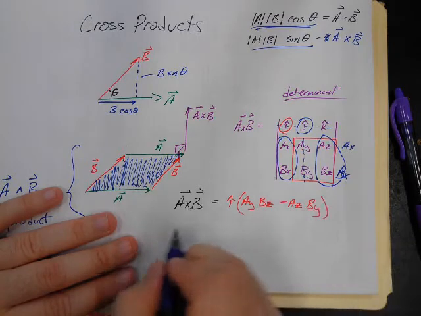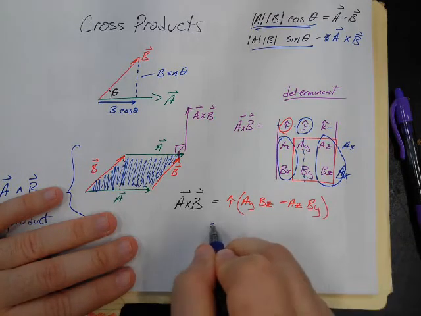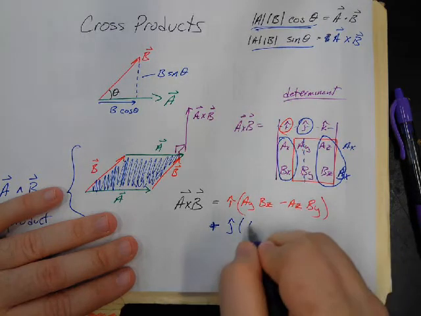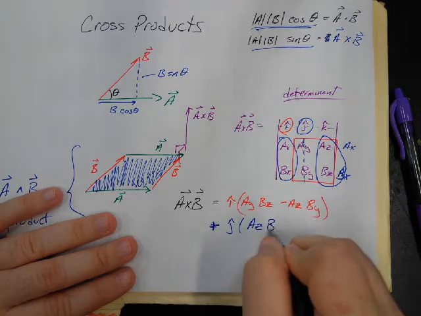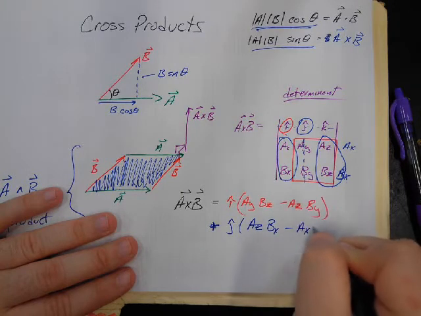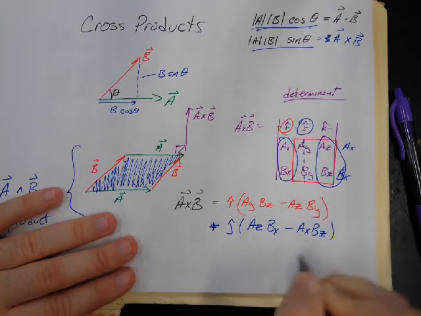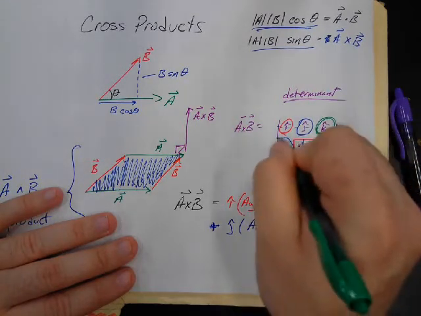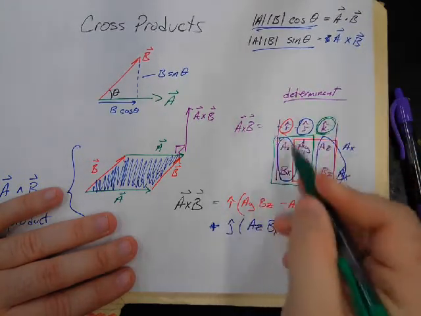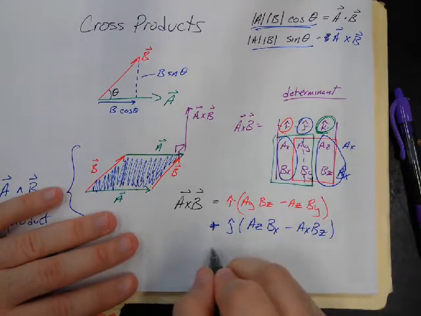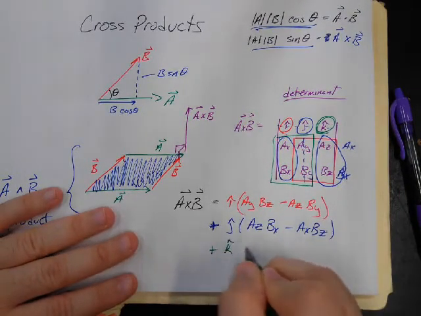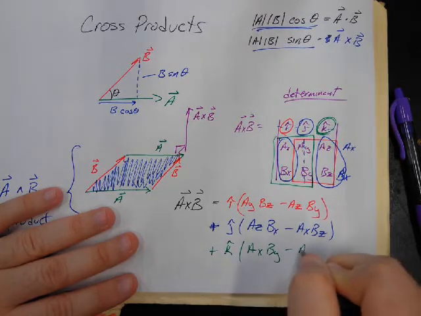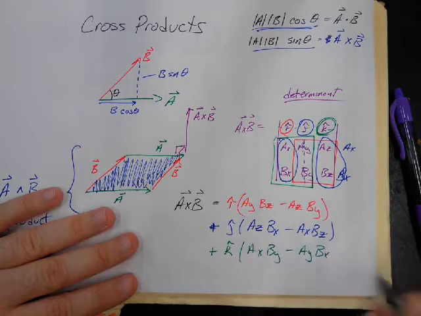So it's going to be plus J hat AZ BX minus AX BZ. And finally, in green, this stuff comes from this corner. And so we'll have plus K hat AX BY minus AY BX.